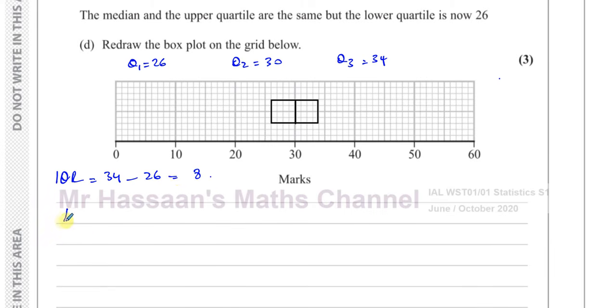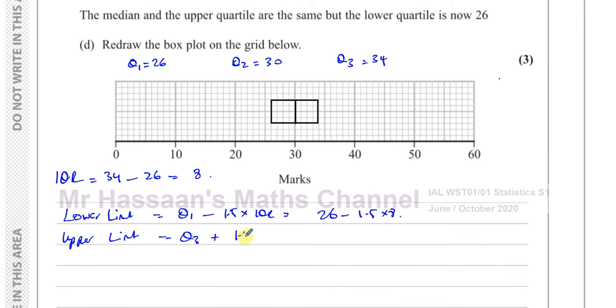So the new lower limit has changed. It's Q1 minus 1.5 times the interquartile range, which is 26 minus 1.5 times 8. And the upper limit has also changed because the interquartile range changed. That's Q3 plus 1.5 times the interquartile range, which is 34 plus 1.5 times 8.